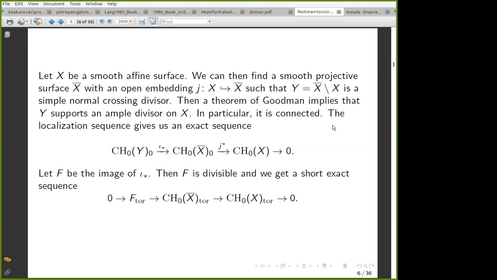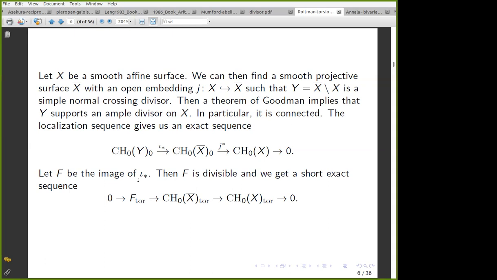That's the first observation. And then you have this localization sequence. Because Y is connected, if you take the degree 0 part on the left and the middle, you have an exact sequence like this. It's just the usual Fulton localization sequence. Now let F denote the image of this ι lower star.